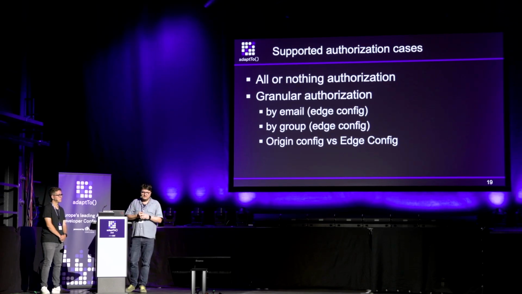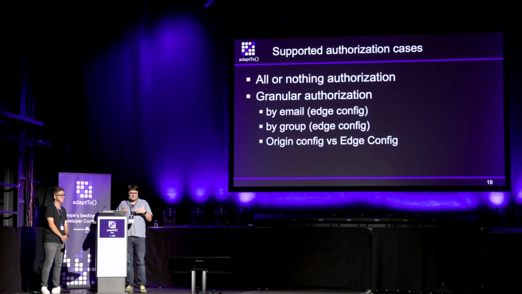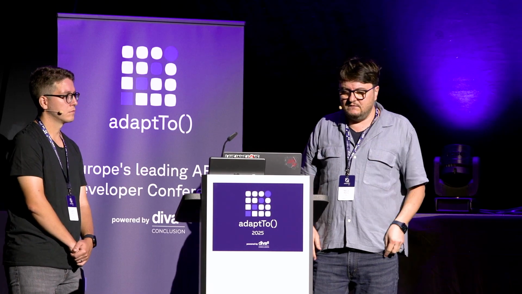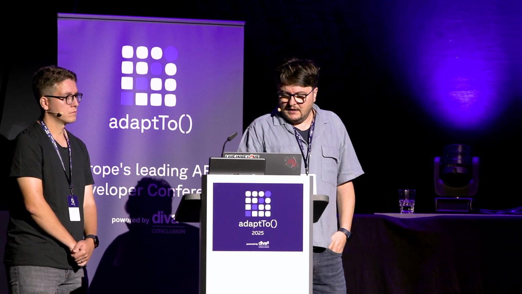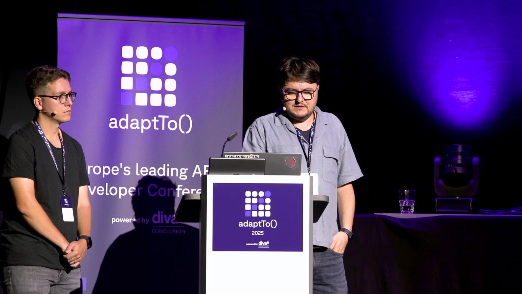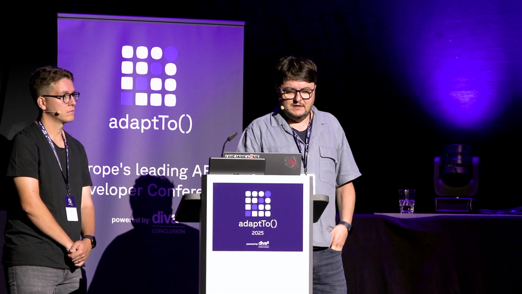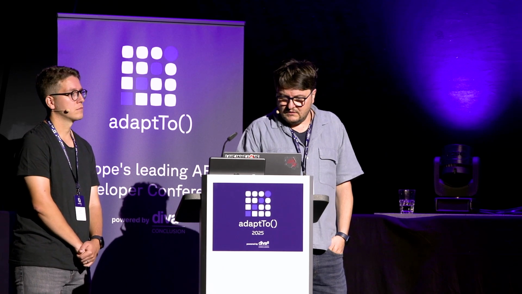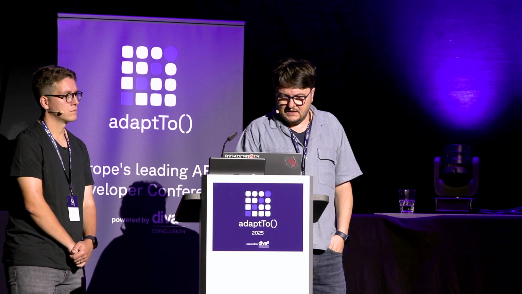We know the email of the logged in user. The group can be an extension, but is not strictly in the OIDC standard, so it's custom for every IDP. And there is also a flavor who controls the ACLs, the origin or the edge. I will go into that a bit later.